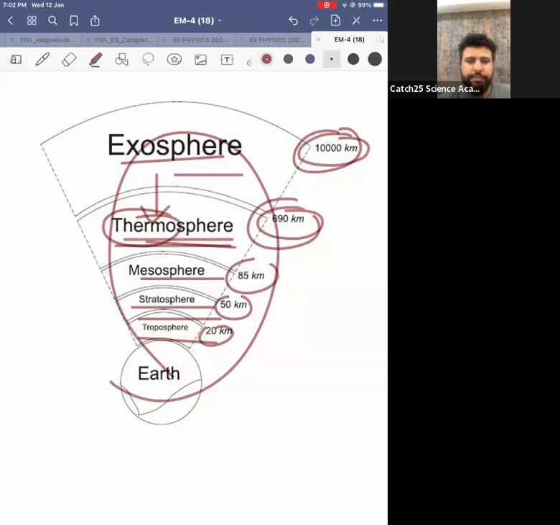Anyone, any doubt? Can you repeat the second point of troposphere? The second point of troposphere is this layer contains breathable air and water cycle.